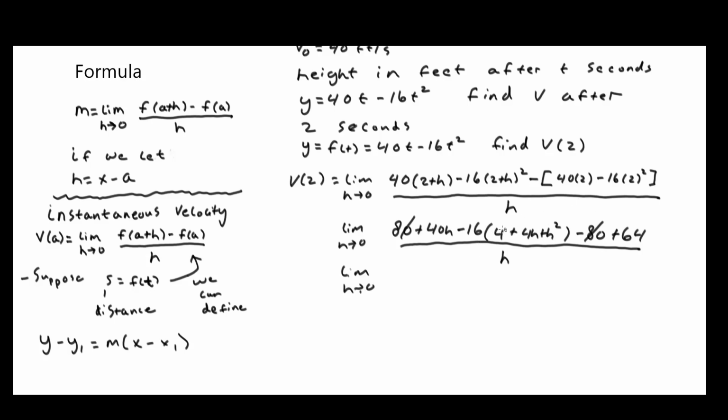And then now we can distribute this and kind of see where we're at. So we have a 40h, and then negative 16 times 4 is negative 64. And then once again another negative 64h, minus 16h squared, plus this remaining 64. So we cancel these 64s out.